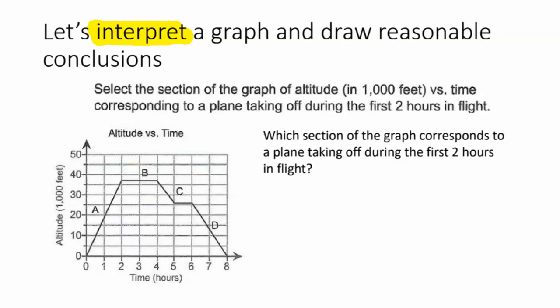It says select the section of the graph, and notice they've given me A, B, C and D. Those are the sections of the graph of altitude in 1,000 feet versus time corresponding to a plane taking off.